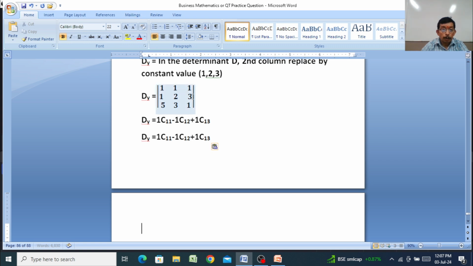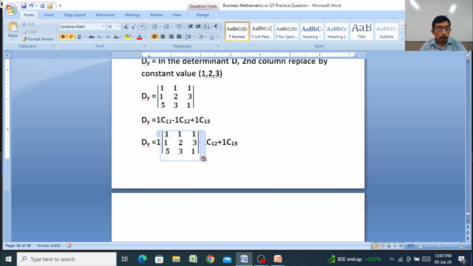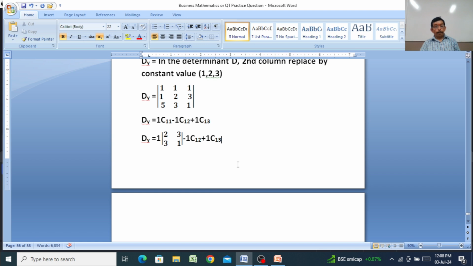C11 is the determinant of 2 by 2 order obtained by eliminating the first row, first column element, and the remaining elements are 2, 3, 3, 1. Now simplify C12.